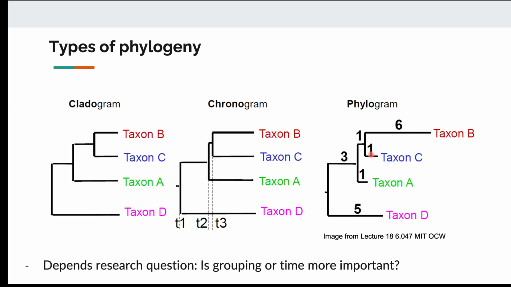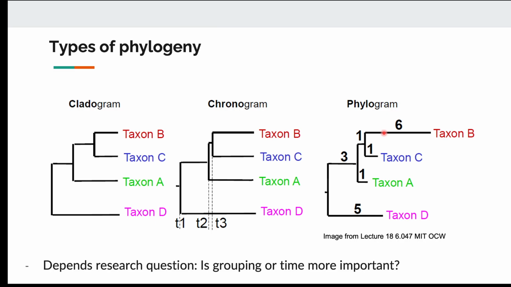So these two can give different information. Chronogram tells us about the timing of the common ancestor when the species diverge from each other. But phylogram, which doesn't care about the time, tells us about the amount of mutation that accumulates in each species.